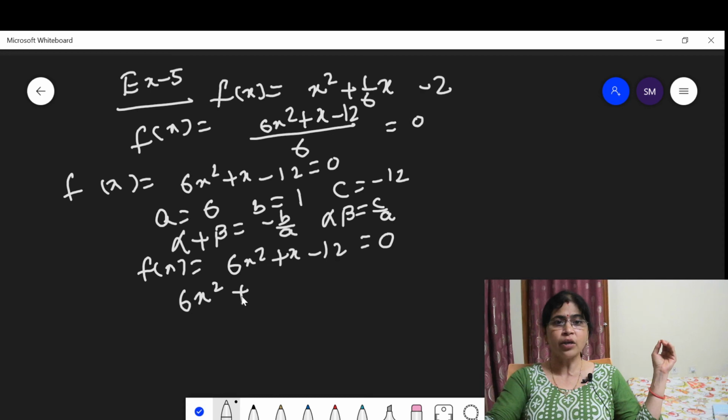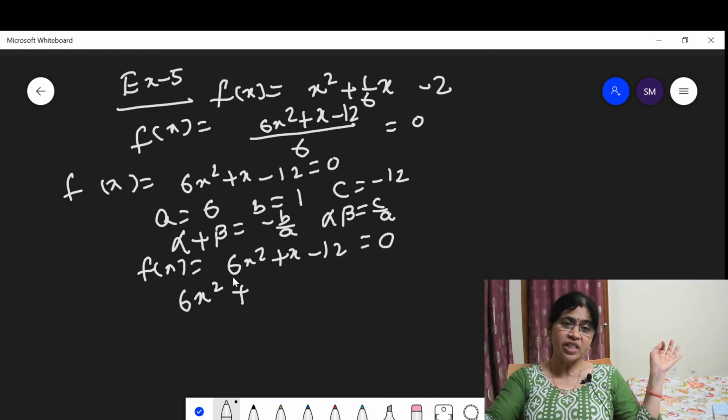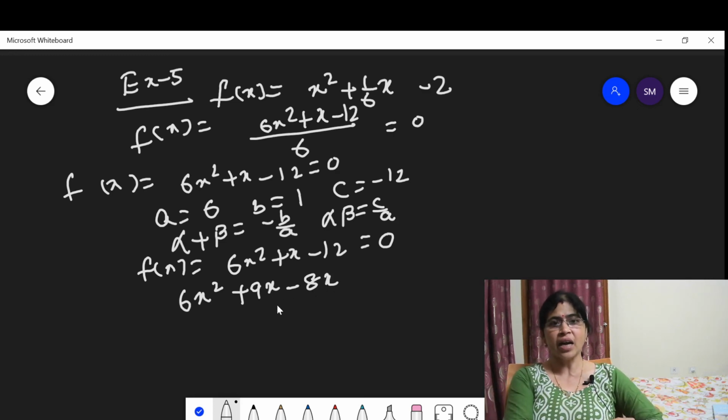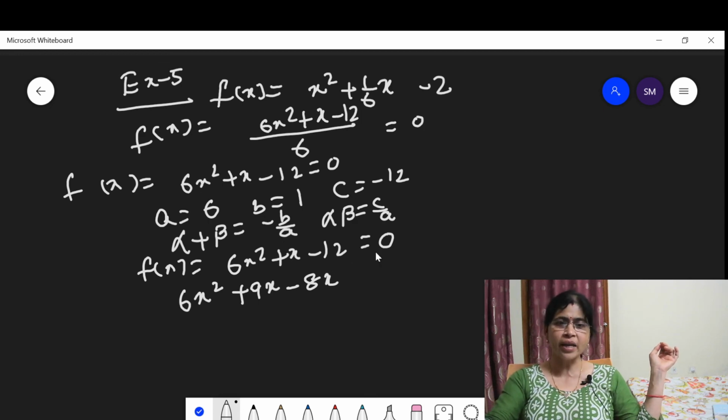Split the middle part into two parts such that the sum is equal to x and the product is equal to minus 12 into 6, minus 72x square. Then split it into plus 9x minus 8x, since 9 into 8 is 72, and 9x minus 8x is equal to x. Then minus 12 is equal to 0.